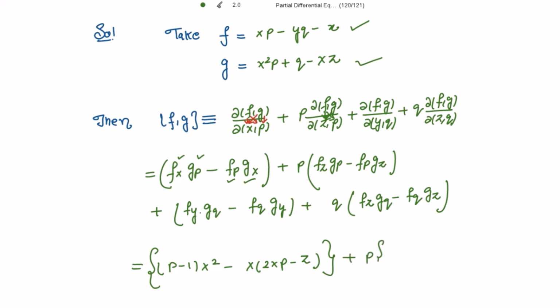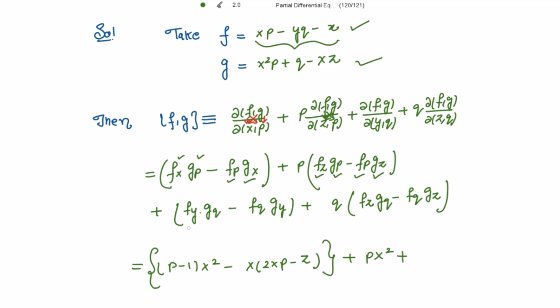Plus p times fz; there is no z over here, so this is 0, no need to find gp then. Minus fp, that is x, times gz, which gives minus x. So I am writing this to be px square.